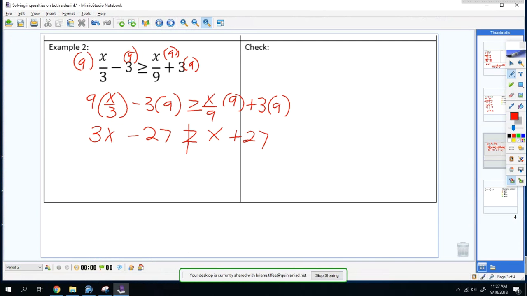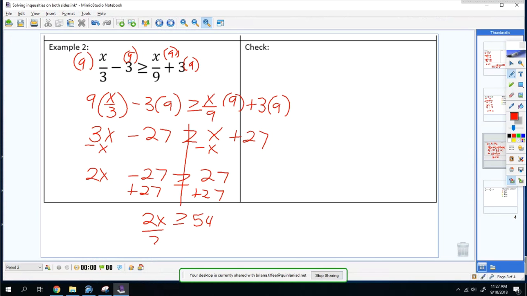So now we just solve it. I'll subtract x from both sides. I get 2x minus 27 is greater than or equal to 27. So you add 27 to both sides. So now you have 2x is greater than or equal to 54. So you divide by 2, and you get x is greater than or equal to 27.